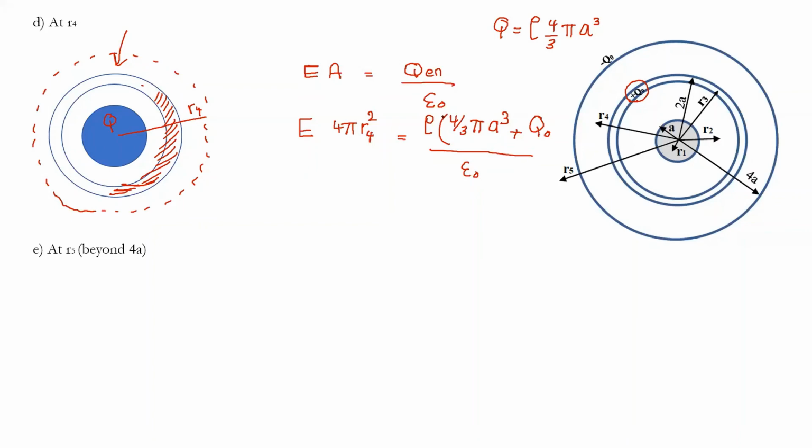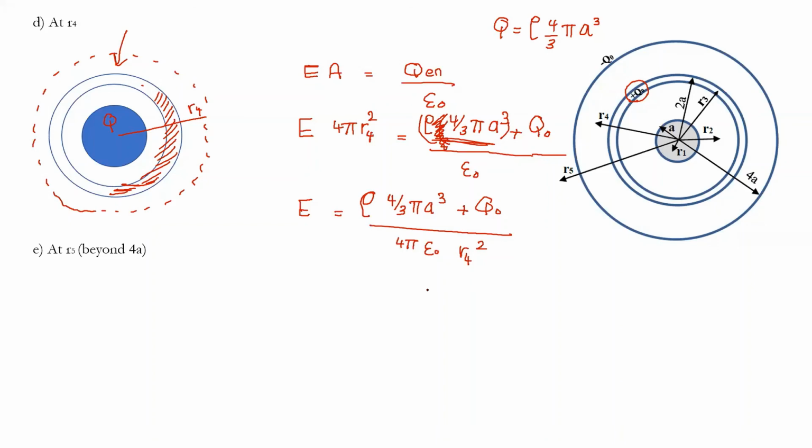So this is one term, this is the other term. So your electric field will be rho 4 over 3 pi a to the power 3 plus Q naught, divided by 4 pi epsilon naught R4 to the power 2.